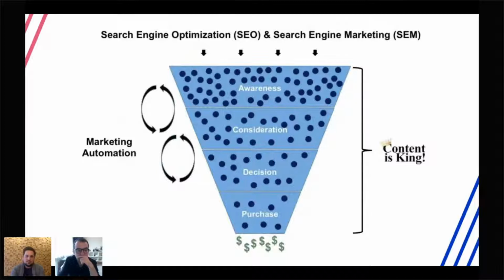So let's say this is one of the most popular funnels, where we put traffic from SEO and search engine marketing, and we are putting these people through the funnel. We are using content, and we are making sure that the conversion here is going, we are adjusting that by marketing automation.